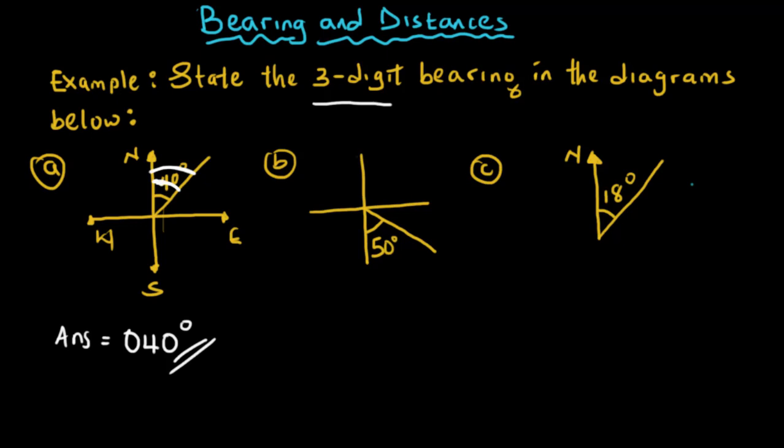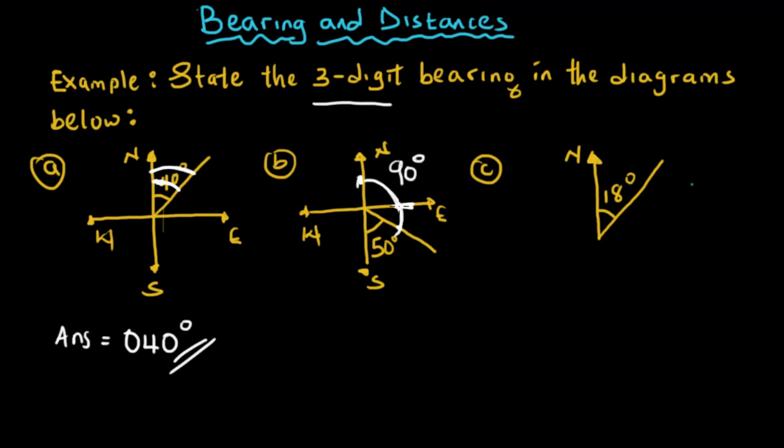Now don't forget, we give the direction first. South, east, and west. Now the first rule starts from the north and move clockwisely. So this is the north, we move clockwisely till we get to the line that was given. Now we are trying to find this angle. Now we know that from north to east will give us 90 degrees.